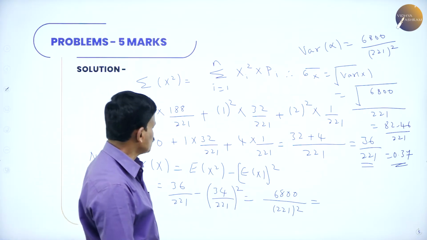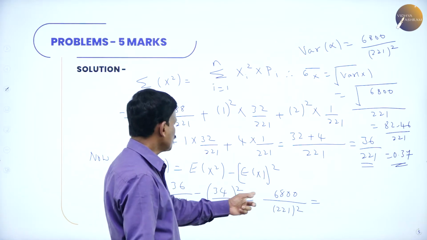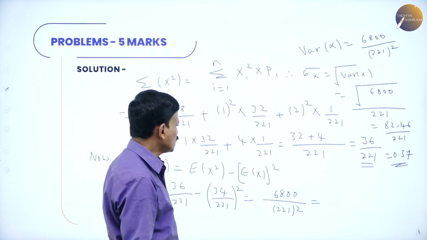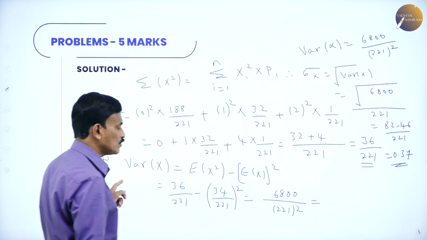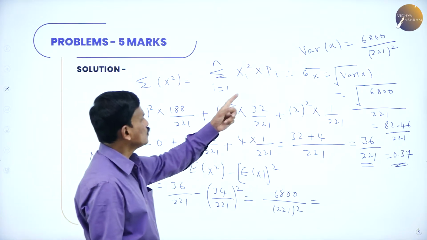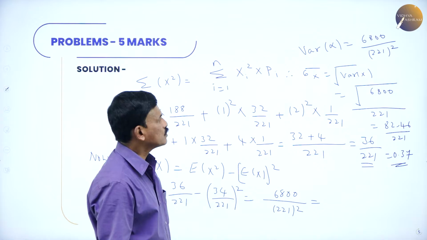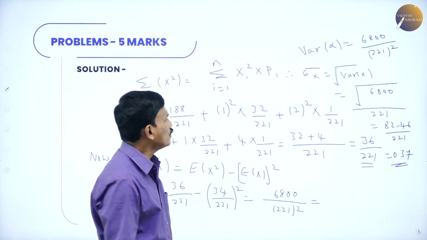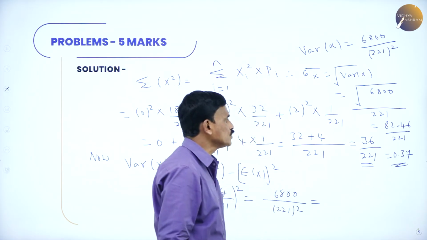Variance of x is E of x square minus E of x whole square, 36 by 221 minus 34 by 221 whole square. We can take 221 whole square as a common factor. If we simplify, in the numerator we will get 6800 divided by 221 whole square, which is nothing but the variance. Therefore, the standard deviation rho x is equal to square root of variance of x. Square root of 6800, the square root gets cancelled, divided by 221.